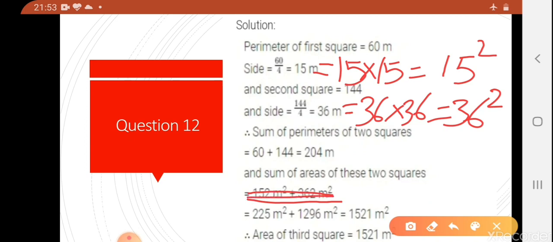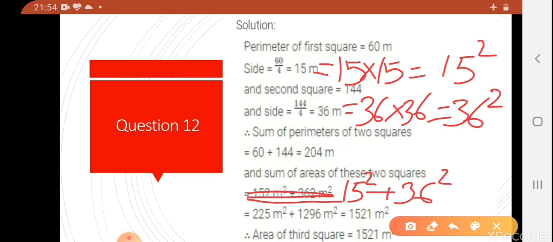It is 15 squared plus 36 squared. Why have we added? Because in the question it is written, find the perimeter of another square equal in area to the sum of the first two squares. Therefore we have taken out the areas of the first two squares and we have added them.